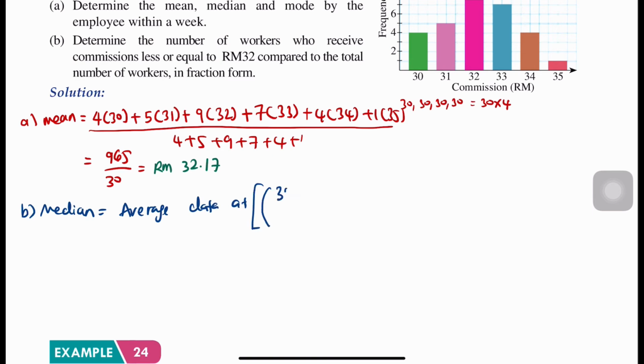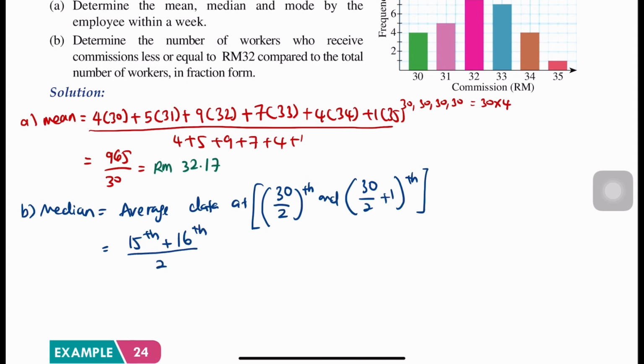Okay, so 30th data, kita divide by 2 and 30 per 2 tambah 1. Ni kalau even. So 30 divide by 2 is 15. So 15th data plus 16th data divide by 2.